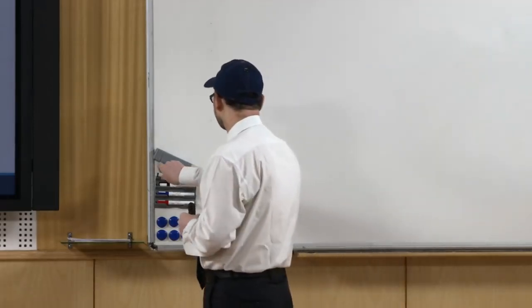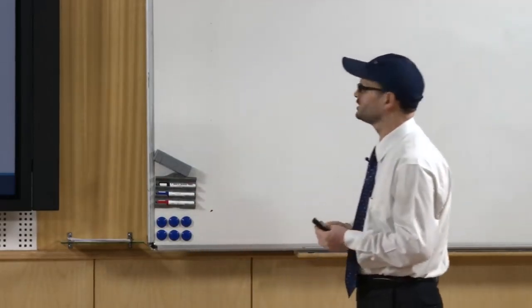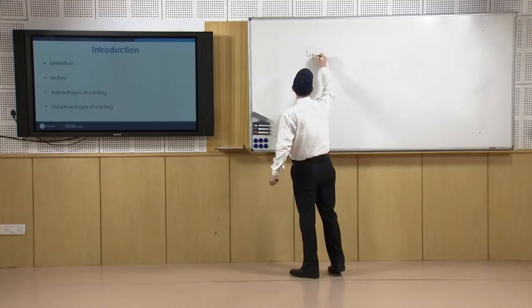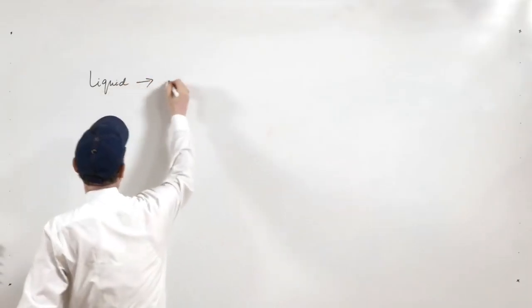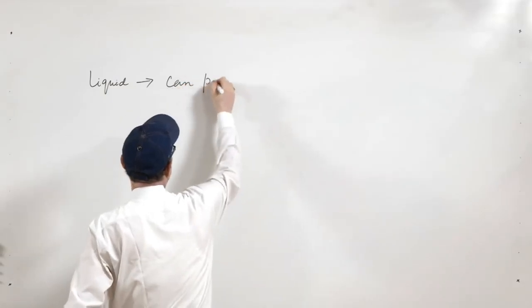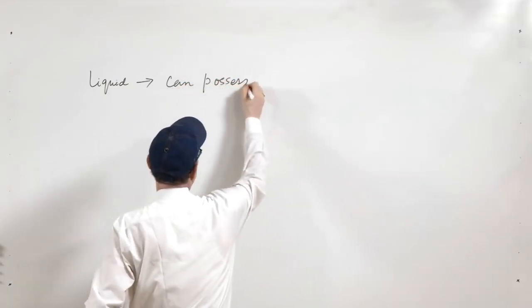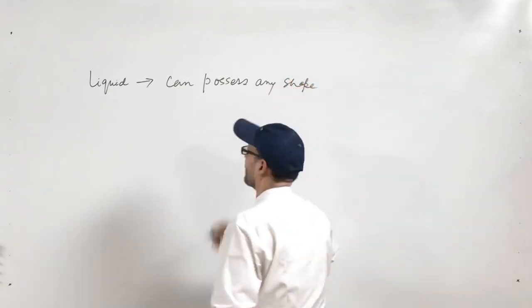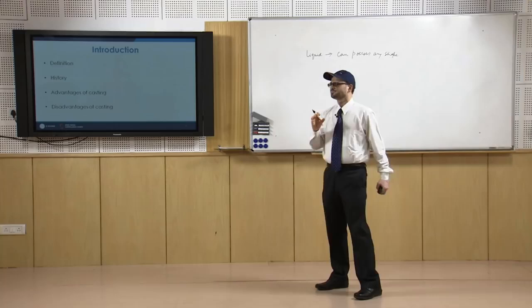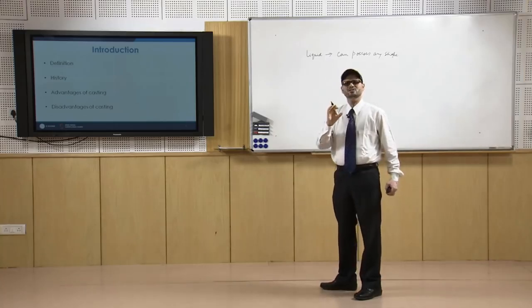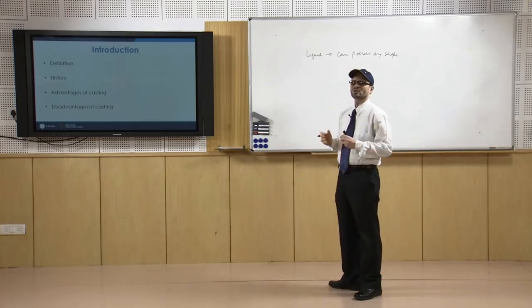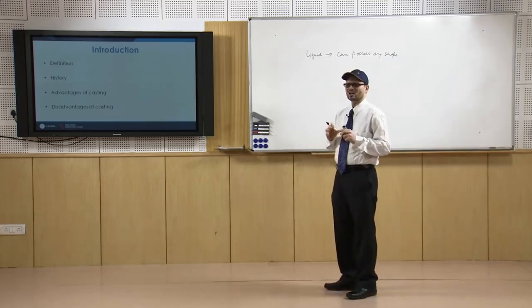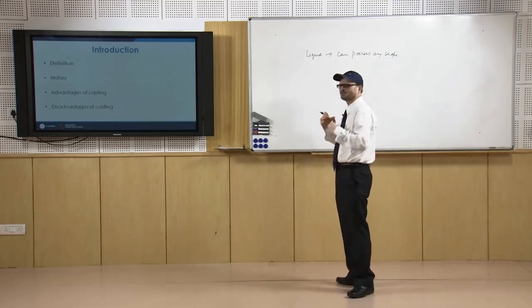So, what we see is that normally a liquid can possess any shape. However, for giving the metal a certain shape you will have to bring flowability into the metal, or it has to have fluidity.